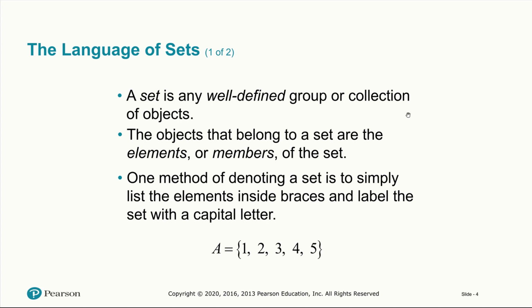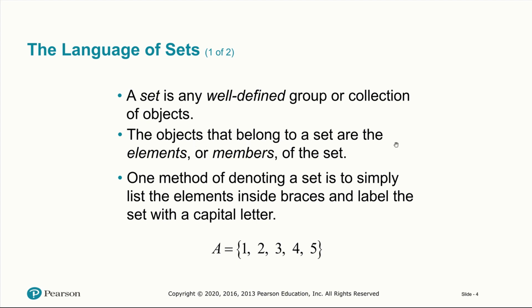However, if I say the set of all students in our class, that's a well-defined group. In fact, I can refer to my roster at any time and come up with the exact members, and we can tell, with enough information, whether an individual belongs to that set or not.